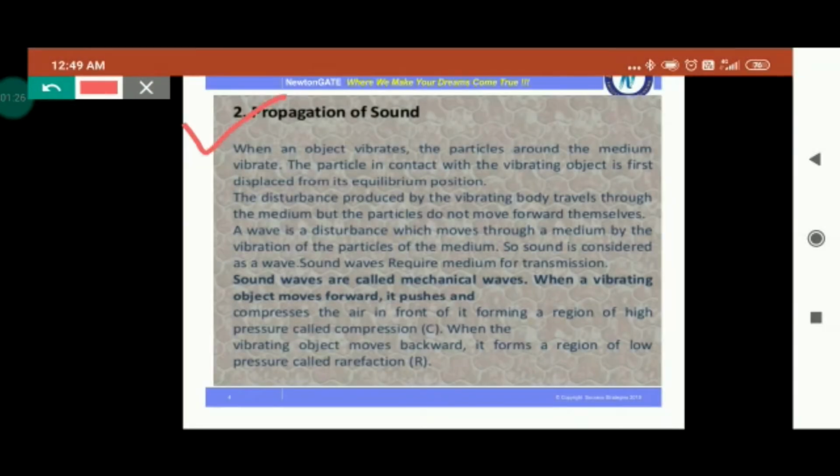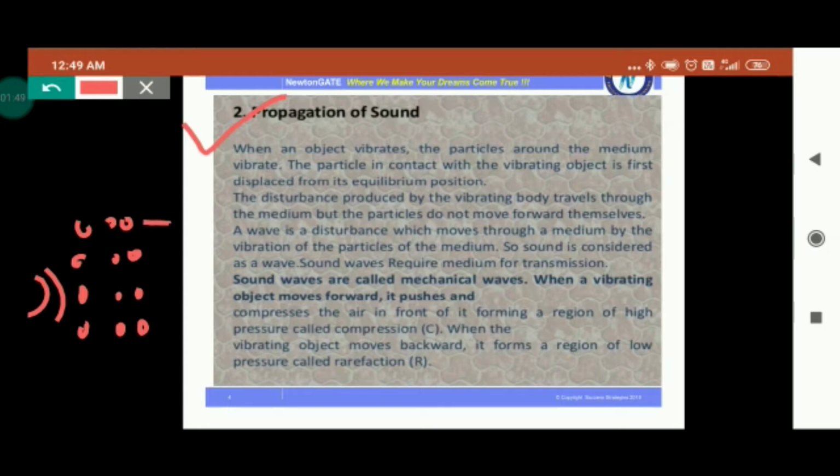Now, next we go to the propagation of sound. When an object vibrates, the particles of the medium around it vibrate. Considering a figure like this, these are the molecules of the air. Whenever any sound is produced, these molecules are vibrated and come closer to another molecule.